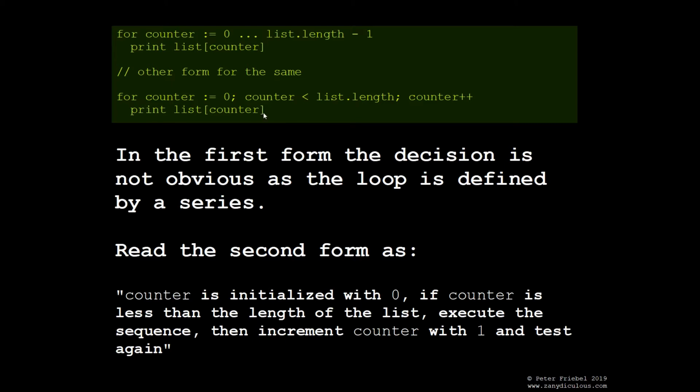Once that is finished, we increment counter with 1, and I will get back to the notation of ++, and then we go back to testing counter against list length. And as long as counter is less than the list length, that will continue. Once counter equals list length, or gets bigger, we leave the construct.